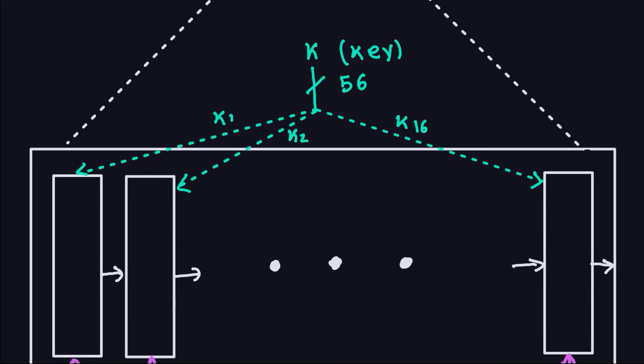Now, the key initially is 56 bits. I have 16 rounds, and from this key we're going to get 16 subkeys, one for each round. So each round is going to use a different key. It's not going to use the initial key.